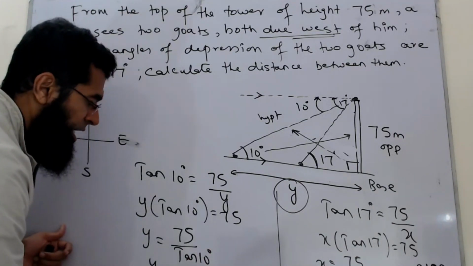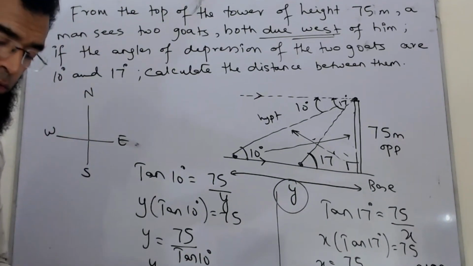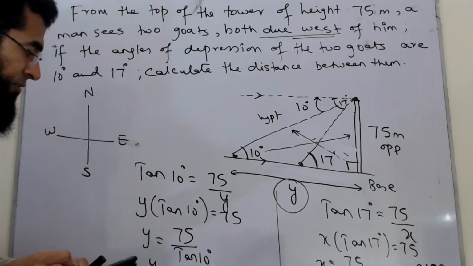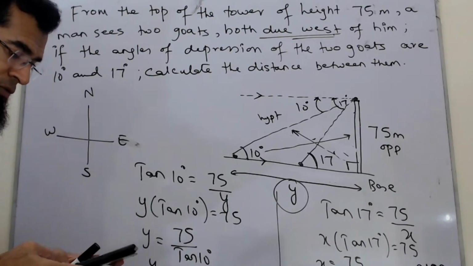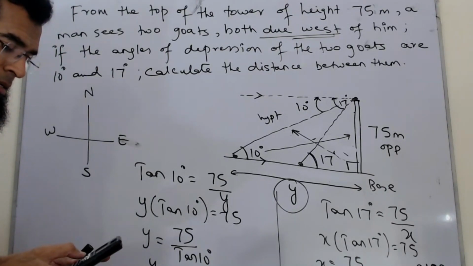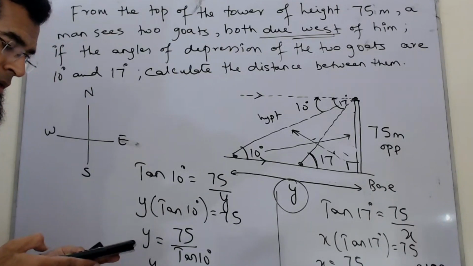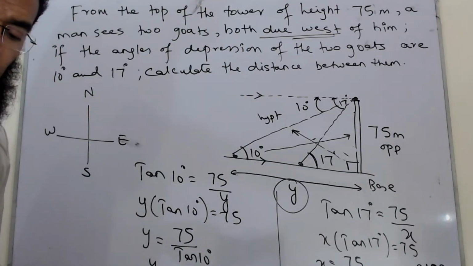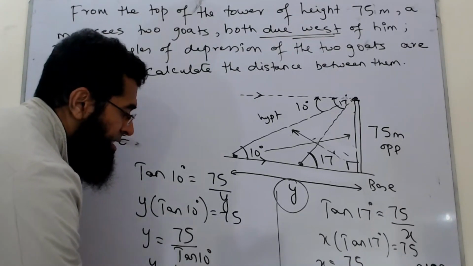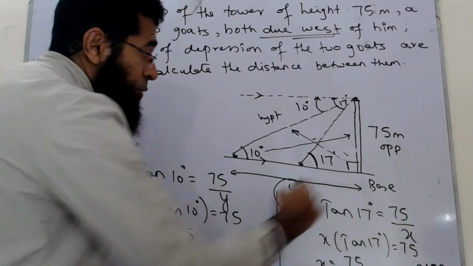So quickly let's find the value from the calculator. So this is beta, 75 divided by tan of 10 degrees, and which is 425.346. So ये हमारे पास value आ गई y.